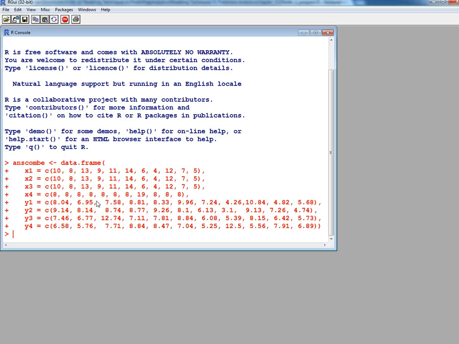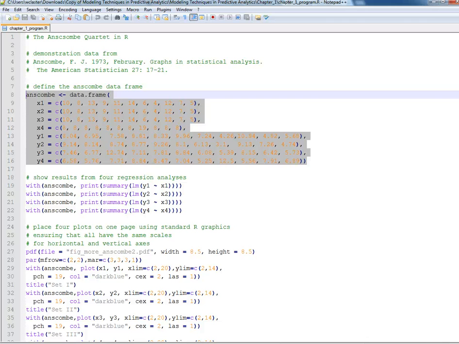Okay, so now we have Anscombe. And the first thing we can do is find the mean for each column. Tell me, how can we find the mean for x1?